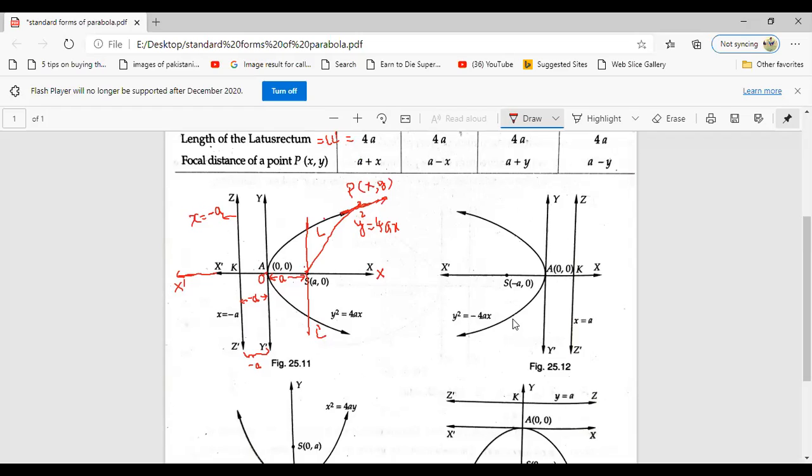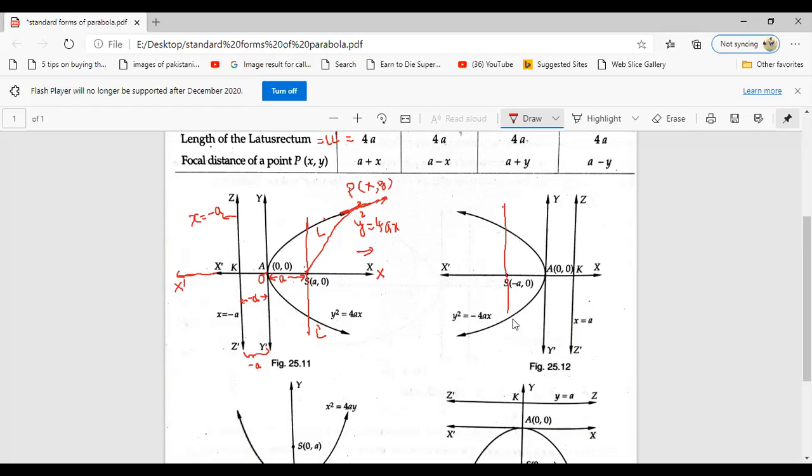That is called the focal distance of a point, and it is always a plus x. So just remember, y square equal to 4ax is the parabola opening on the right side, you can say right parabola. And if you make the opposite of this, then the focus will come here, the directrix will come here, and the length of latus rectum will be the same.